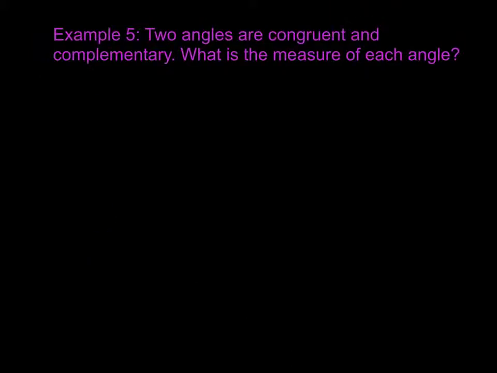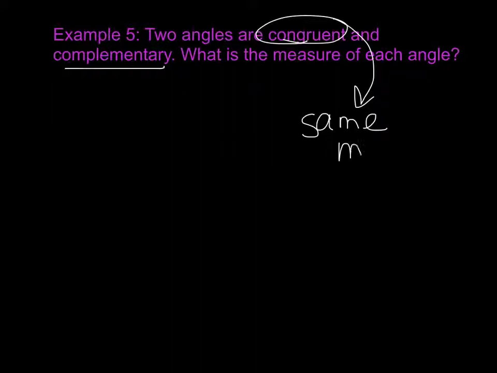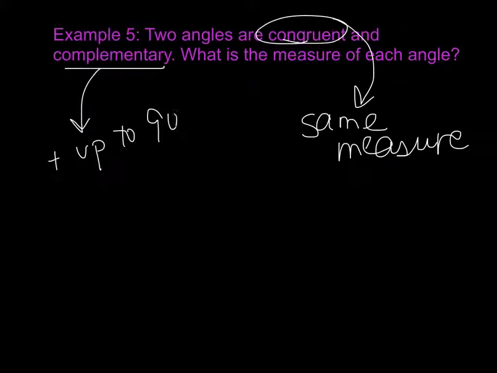The last question says, if two angles are congruent and complementary, what is the measure of each angle? So congruent, we know, means same. They're the same measure. And complementary means they have to add up to 90 degrees. Then we can say that 2x has to equal 90 degrees.